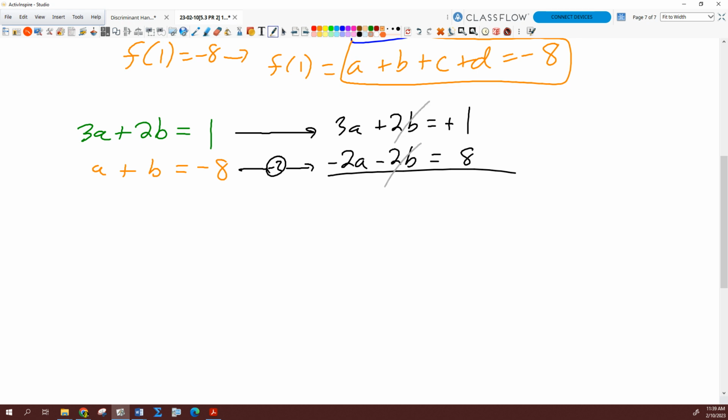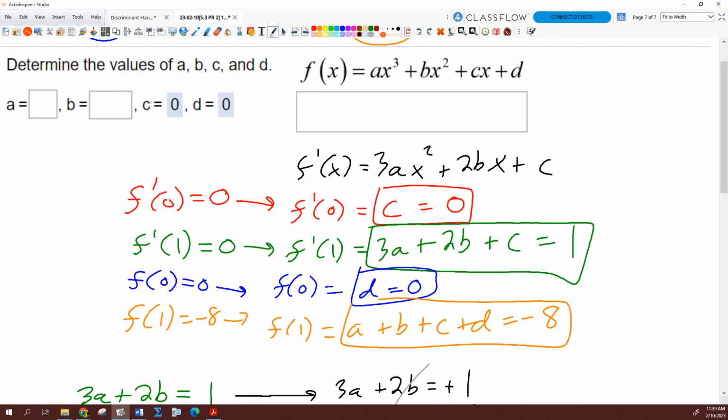Add those up. We eliminate the b's. Remember doing this stuff, right? We're just solving a linear system. So that's going to give us a equals 17.